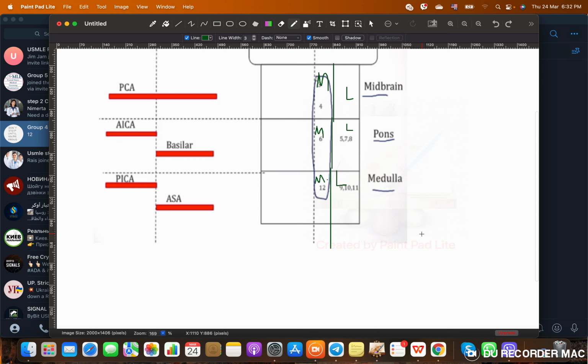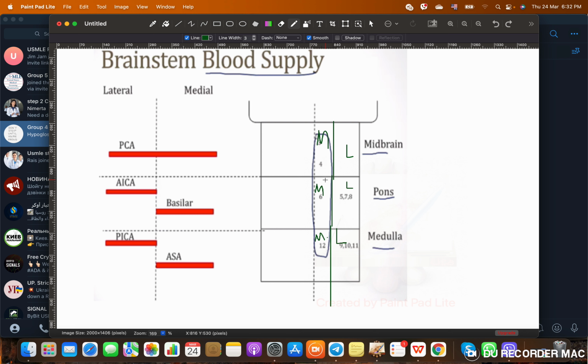So cranial nerve number 12, does anybody remember the name of that nerve, by the way? It is the hypoglossal nerve. Yes. Hypoglossal nerve is responsible for the movement of the tongue. So if that's messed up, you know that it's cranial nerve number 12.